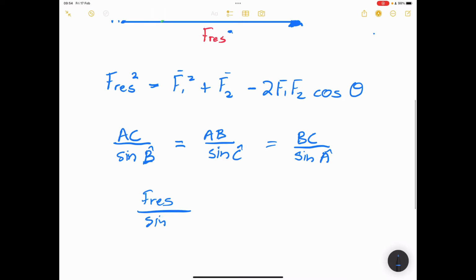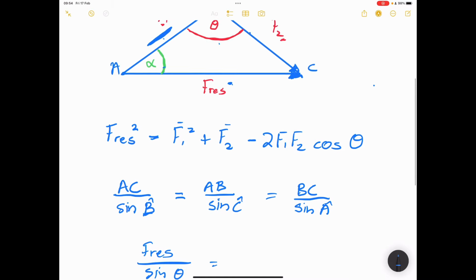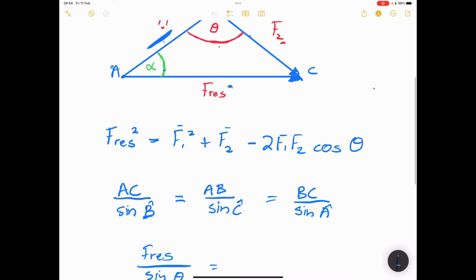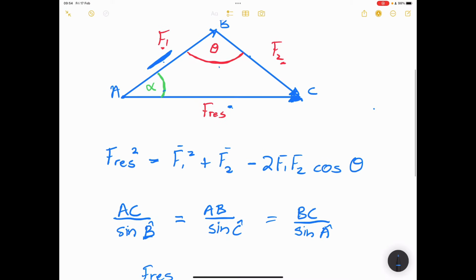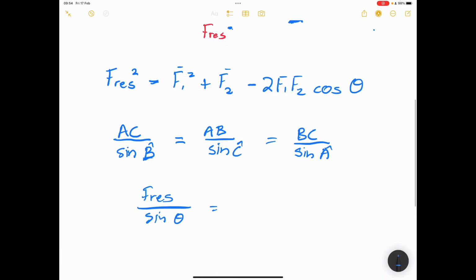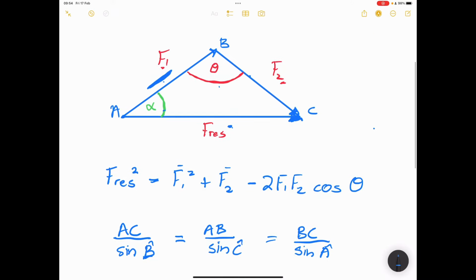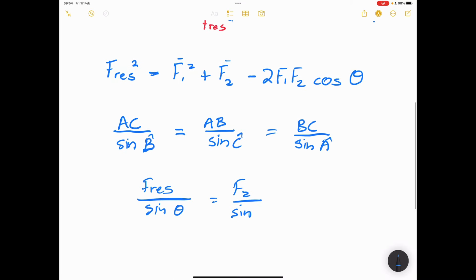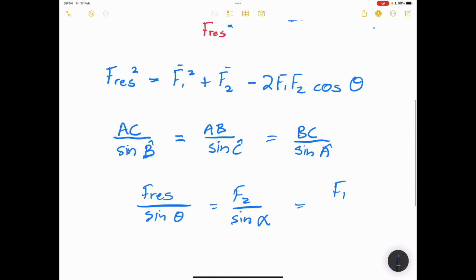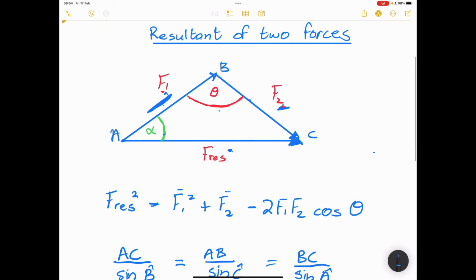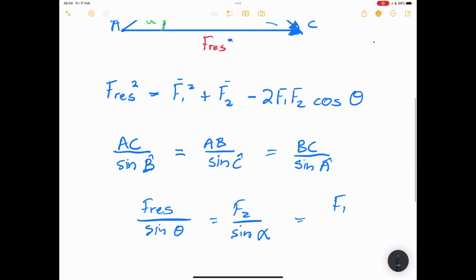So that would be over the sine of theta, which is equal to F2 in this case, and it would depend which one we're looking for, divided by the sine of alpha, the angle opposite F2. And in this case, F1, the angle opposite F1 is that angle C there.